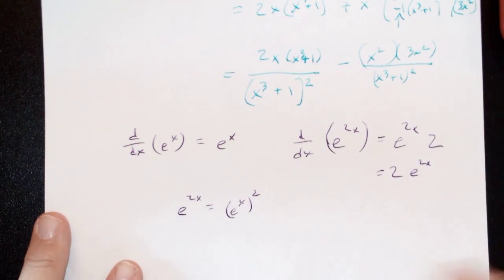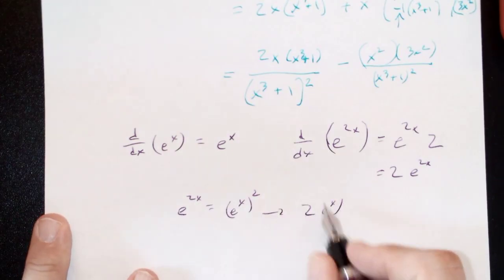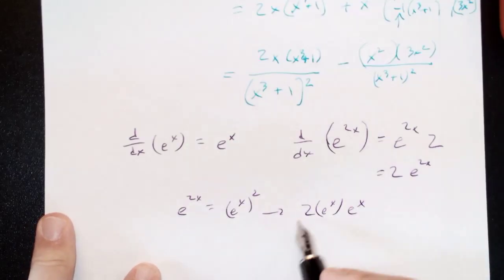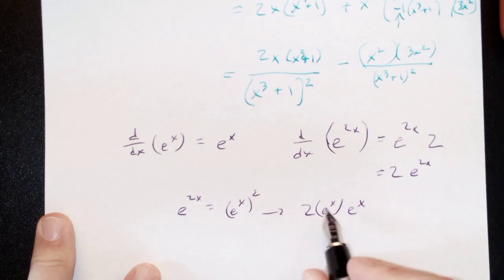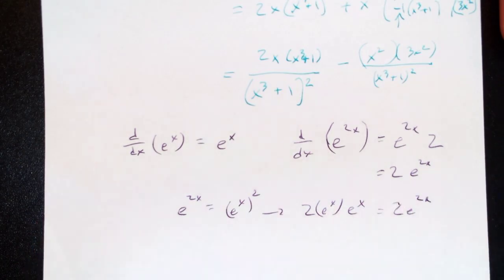If I do the chain rule, that's ugly squared. The derivative would be 2 ugly times the derivative of the inside. But then when I multiply those, I have to add the powers together, and I get exactly the same thing. Again, as long as I'm playing by the rules of algebra, I can use whichever derivative rule I like better.